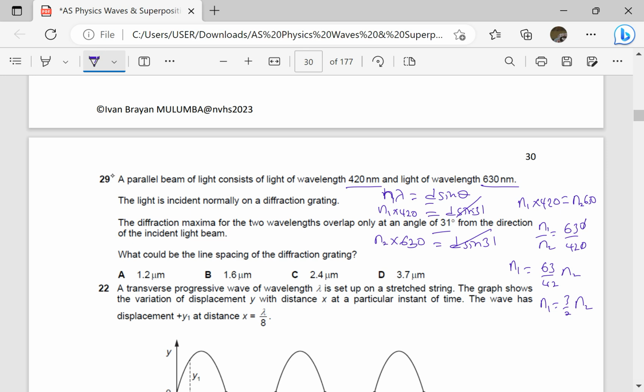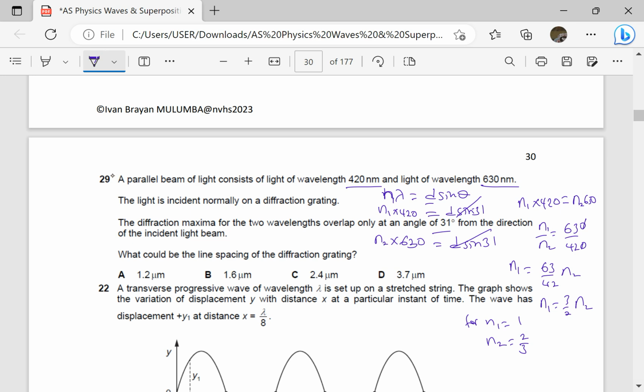Okay, now we can find d. We can check for n1 equals 1. For n1 equals 1, it means n2 is equal to 2 over 3, and that is not an integer.